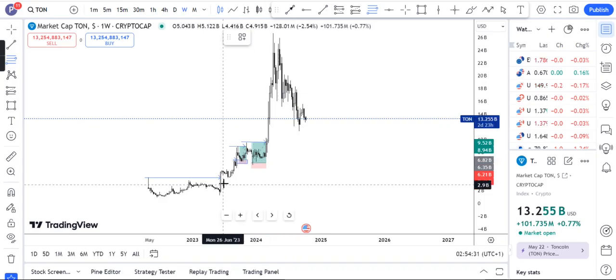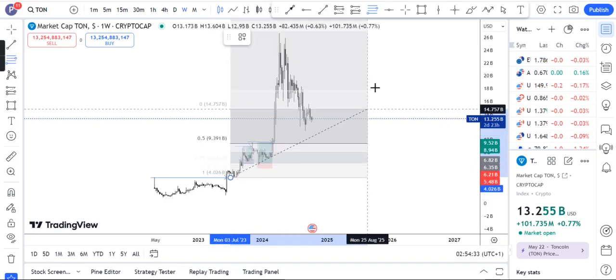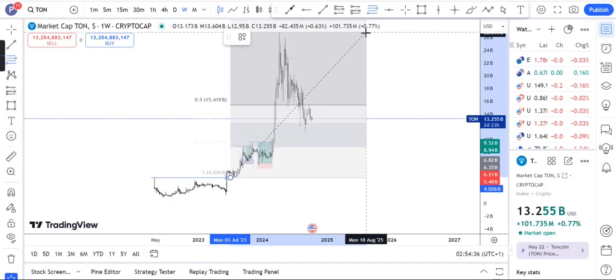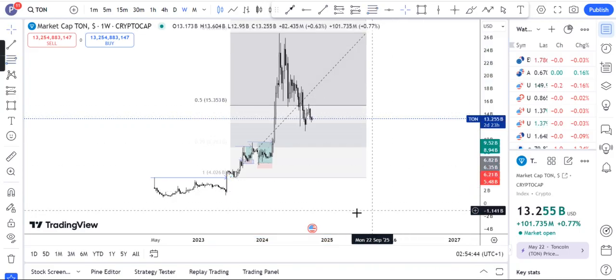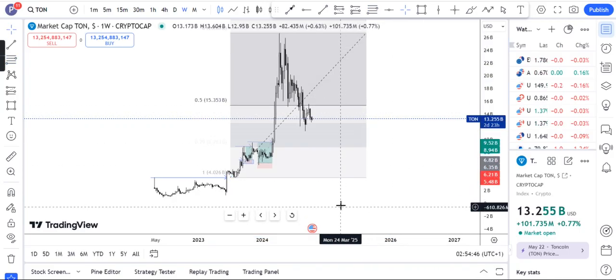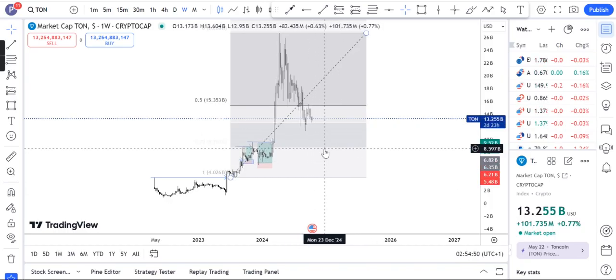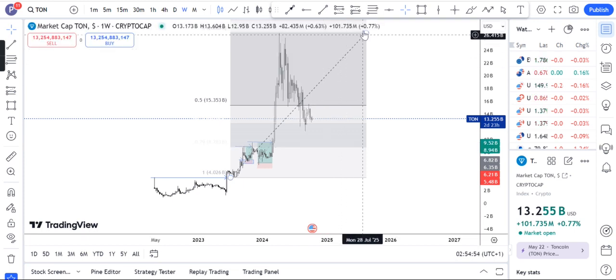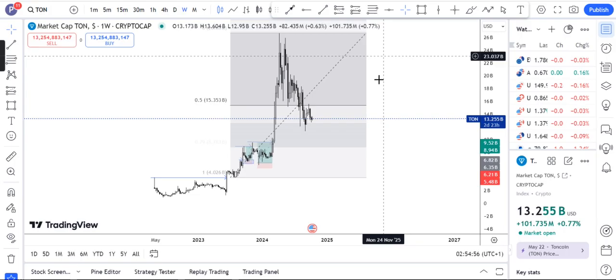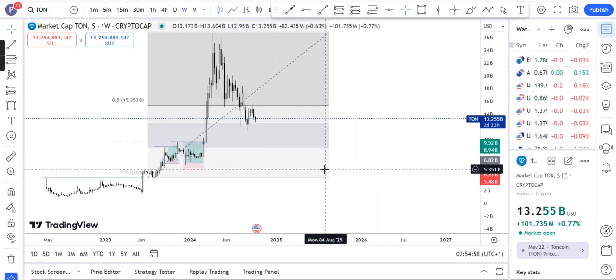If I'm picking my zones, I'll simply be picking my zone from this lowest point down to this area. Now on this, I can look at taking buys from here, or allowing the market to plunge down to this point before we take buys into this particular level where price initially got to.